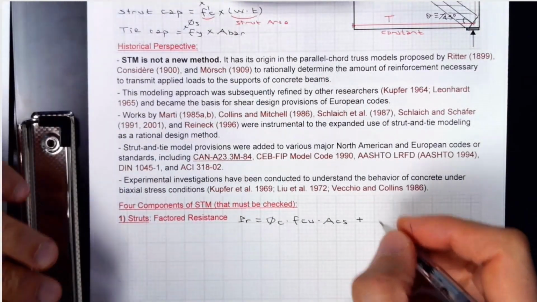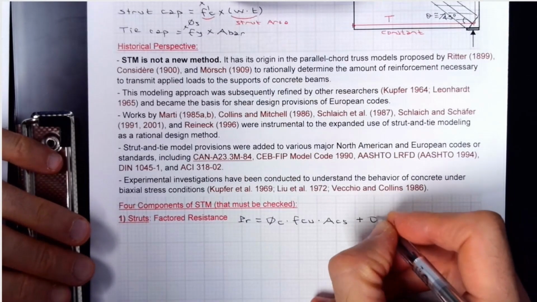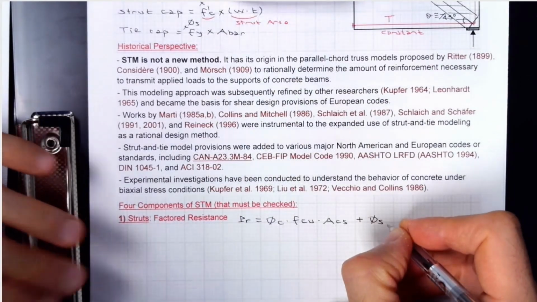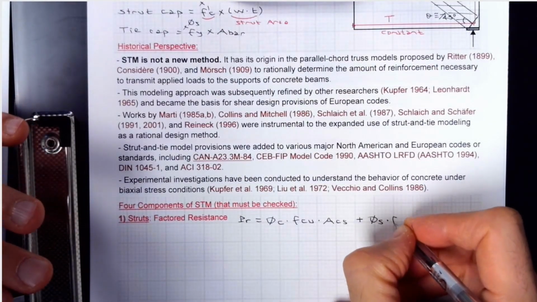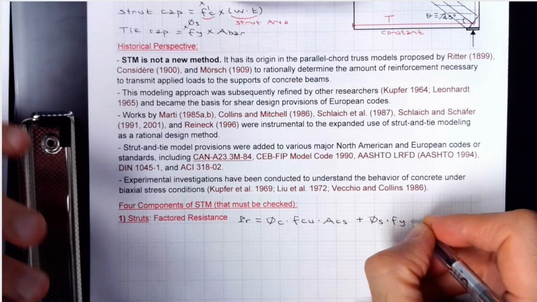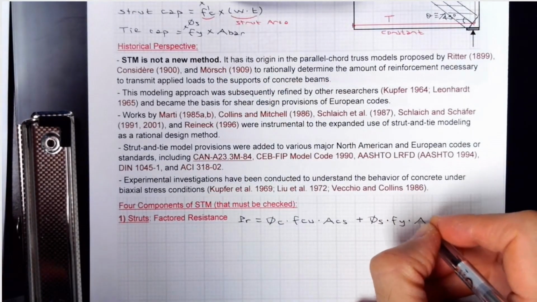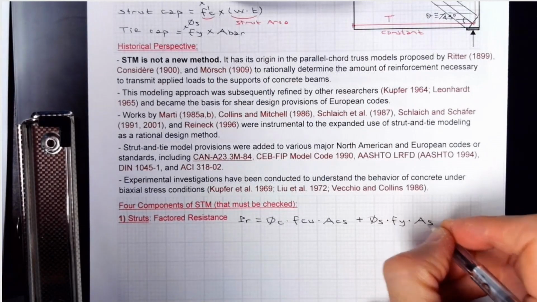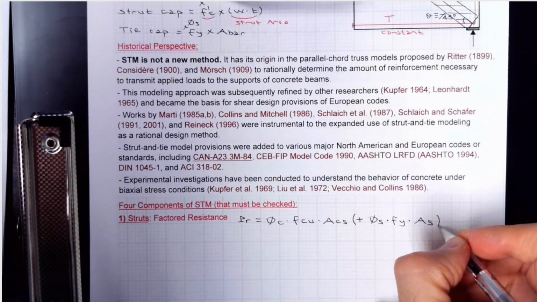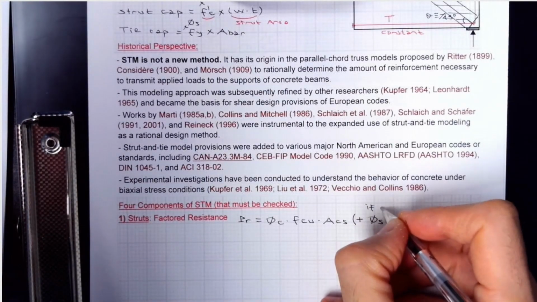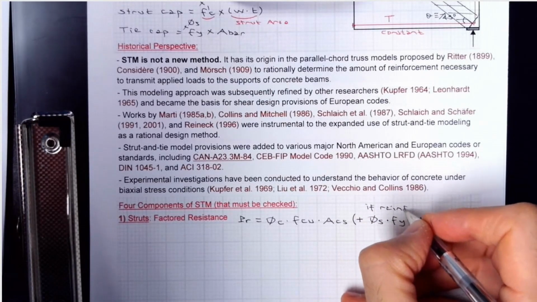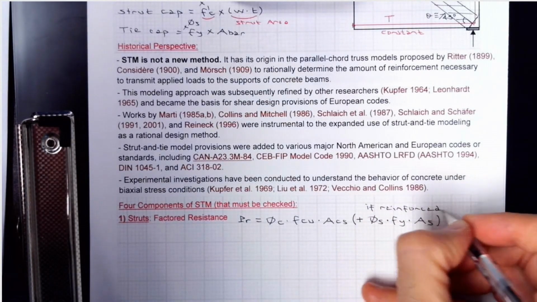This is that last resort. If you have to use this last resort, you can use the steel capacity for compression. So this is called reinforced strut, which is not very common.